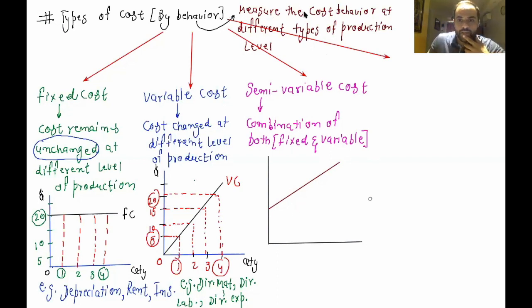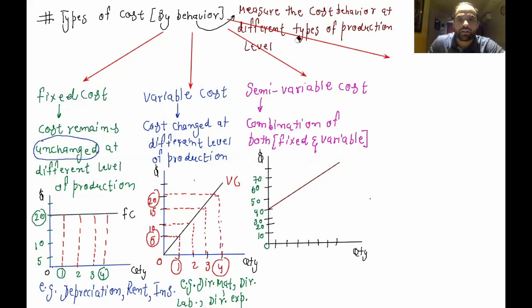Same thing here: that's your quantity, that's your cost. Now, it's a combination of fixed and variable. So let's say from 0, and then 10, 20, 30, 40, 50, 60, 70.